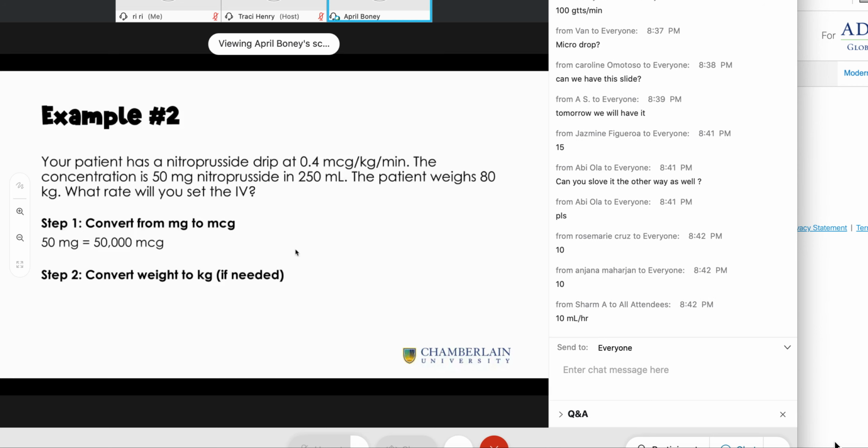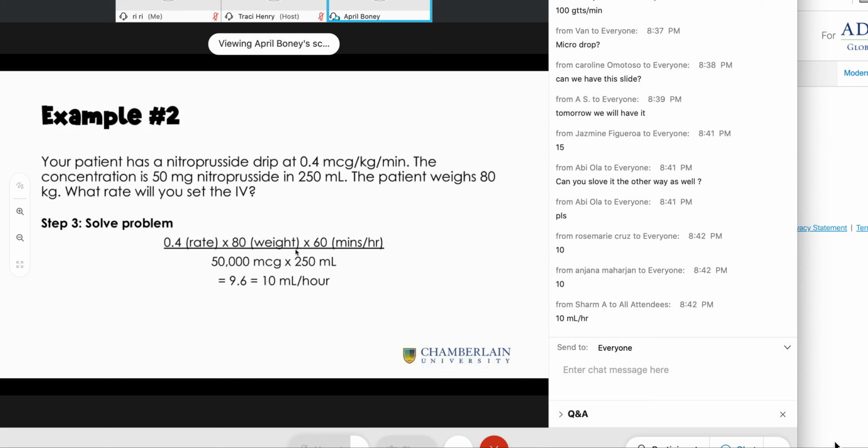We don't have to convert the weight because it's already done for us. And here's what our problem looks like. 0.4, which is your order, 80, which is your weight. Always have to multiply times 60 to go from minutes to hours. And we're going to divide by 50,000. And then we're going to multiply that number that we get times 250. What we're going to get is 9.6. It has to be a whole number, so that's going to round up to 10 milliliters per hour.